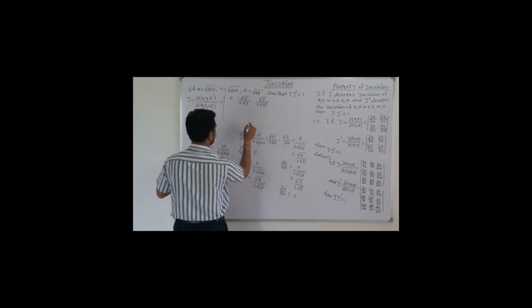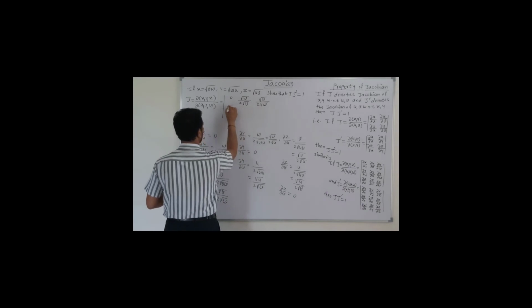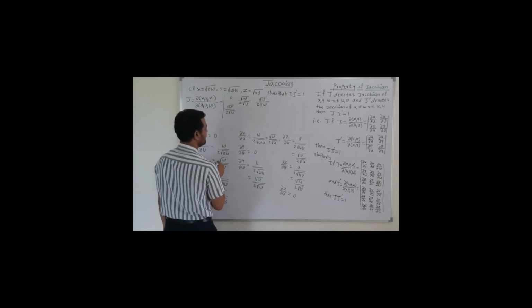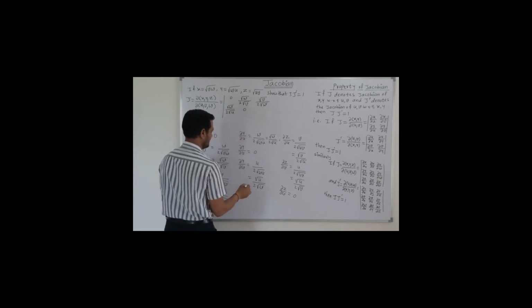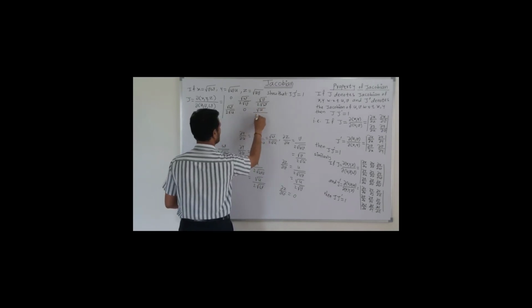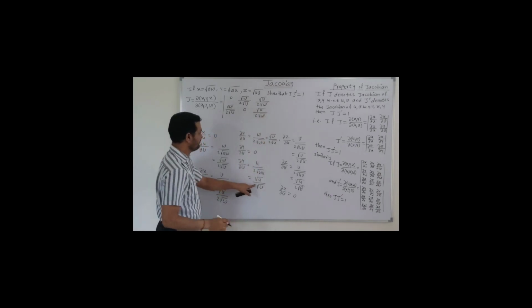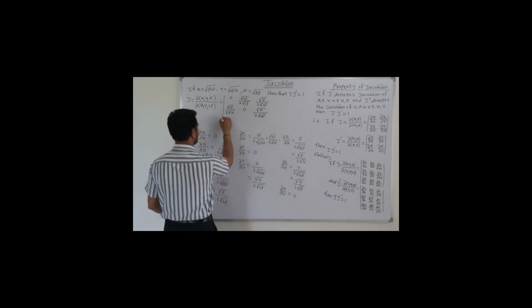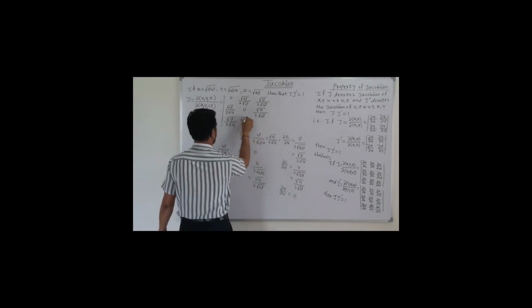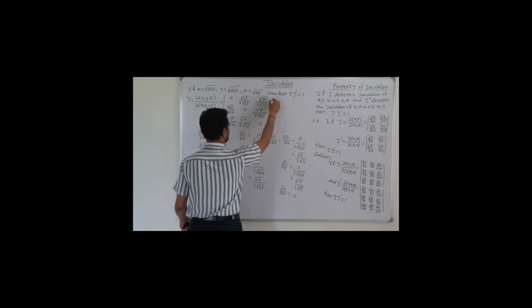Now the second row is root of w upon 2 root of u, then this term is 0, then this term is again root of u divided by 2 root of w. Then again this derivative, just simplify this, is root of v divided by 2 root of u, then this term is root of u upon 2 root of v, and this term is 0.